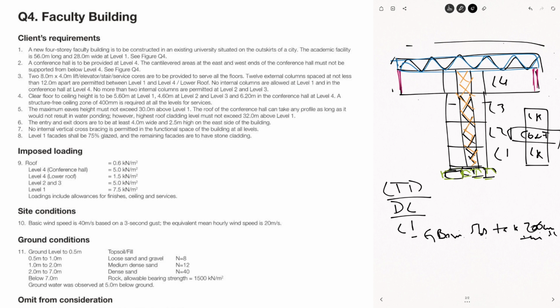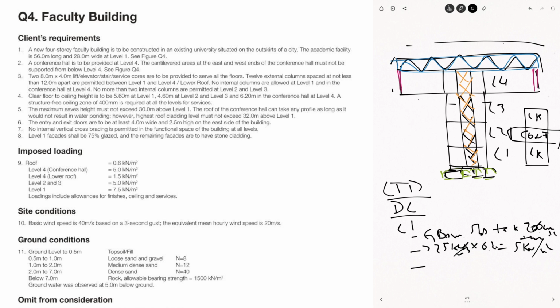That means that our ground bearing slab is going to be 25 kilonewtons per cubic meter density of the slab, and that gives us 5 kilonewtons per square meter.